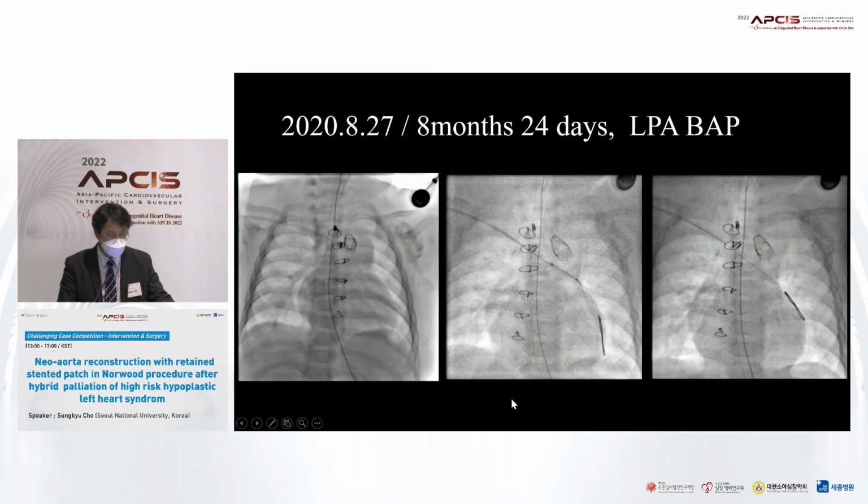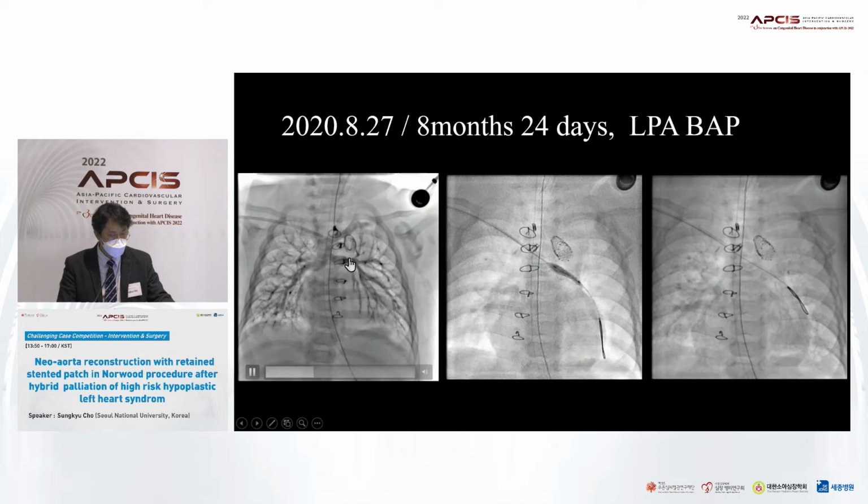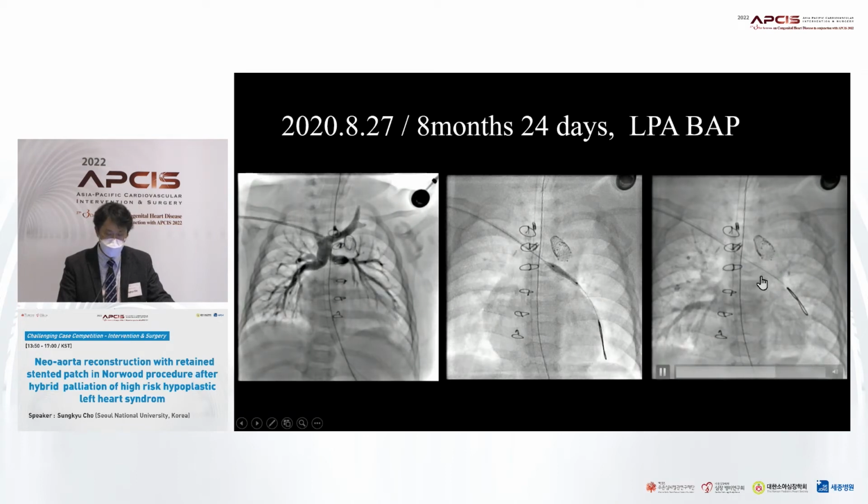So at the age of 8 months, our cardiologist did an intervention. You can see the small pulmonary artery here and the balloon improved it.